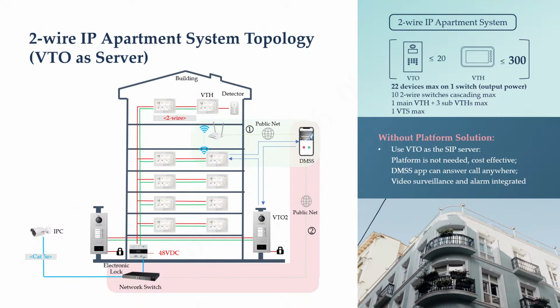And if you're talking about this two-wire module, it's important that this module can handle 22 devices on its output, because on this output you need to connect the VTH and VTOs in parallel. So the maximum managing number is 22 in this solution.